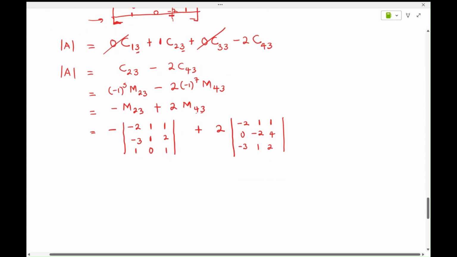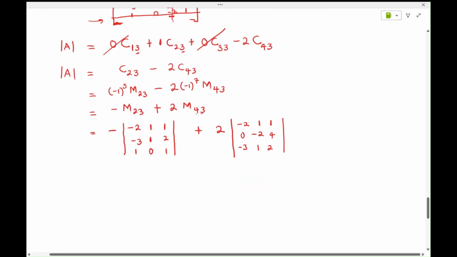One option is to continue and reduce this again using the same method. Another option, since we already know the Sarrus rule, which works for the 3 by 3, is to just use it, now that we have reduced it to 3 by 3. But that is optional. You can still go ahead.